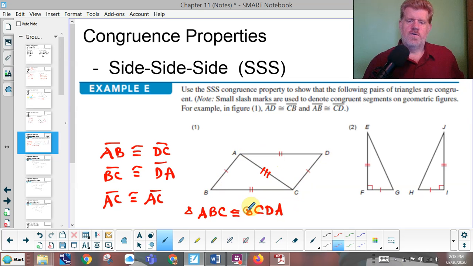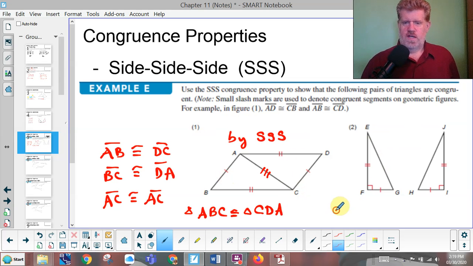So triangle, let me draw that better, triangle ABC is congruent to triangle CDA by the side, side, side postulate. Or property, sorry.